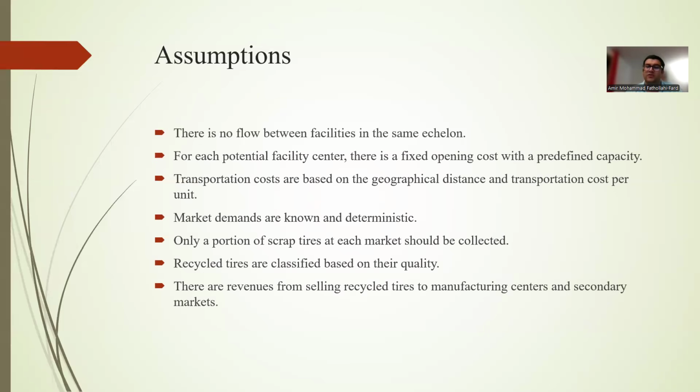They can be sold to the manufacturing centers for remanufacturing or to secondary markets for other industrial applications. In a closed supply chain, we have no control over the location planning of suppliers, markets, and secondary markets. Therefore, these centers are independent entities and are not owned or managed by the closed supply chain managers.